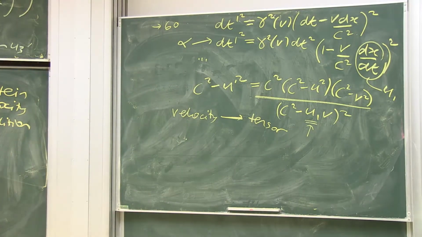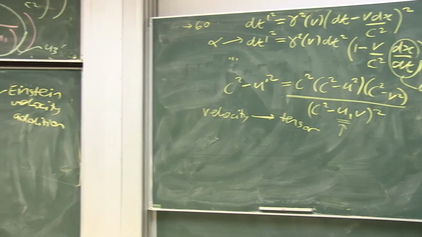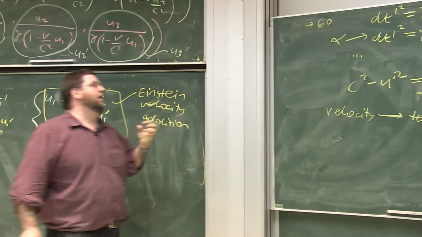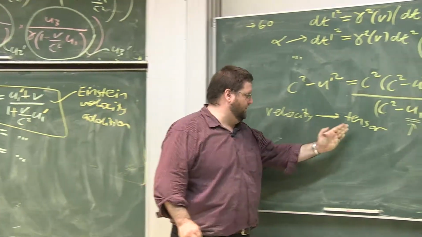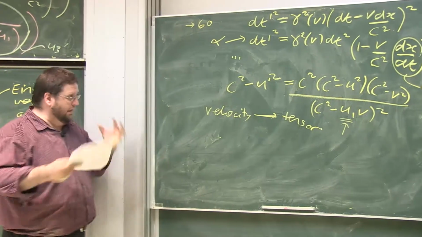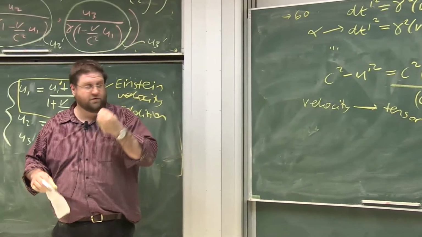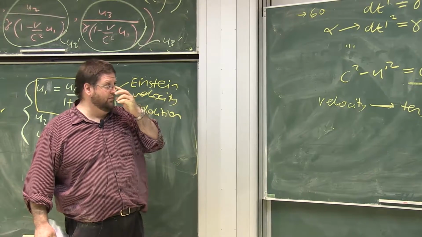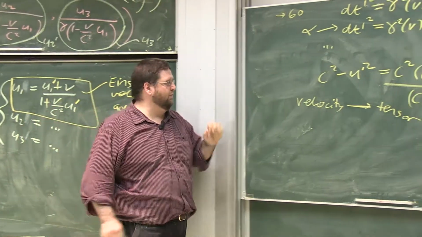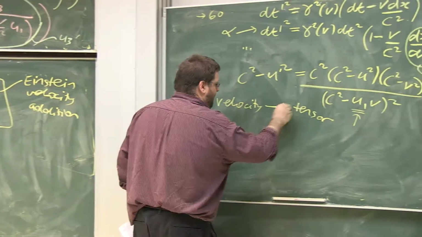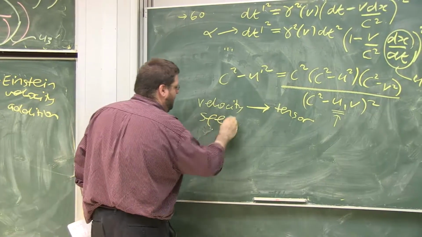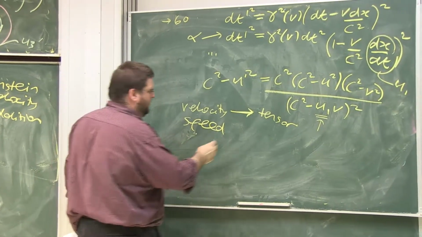The natural description of relativity is going to be tensorial. We're going to have a natural way of shoving velocities into tensors, and tensors are the objects out of which you build equations that have the same form in all frames, or for our course in all inertial frames. It's easy to tensorialize velocity. Speeds, on the other hand, do not naturally tensorialize.